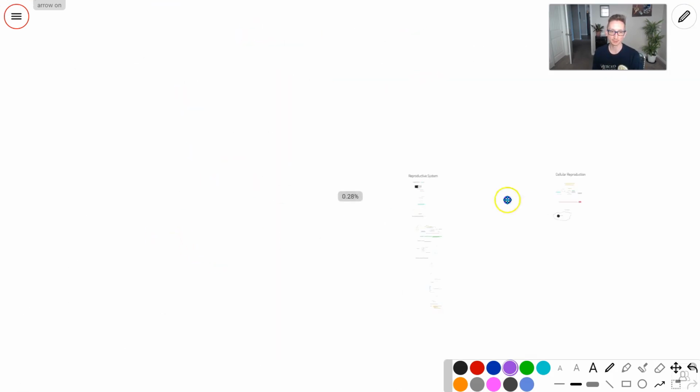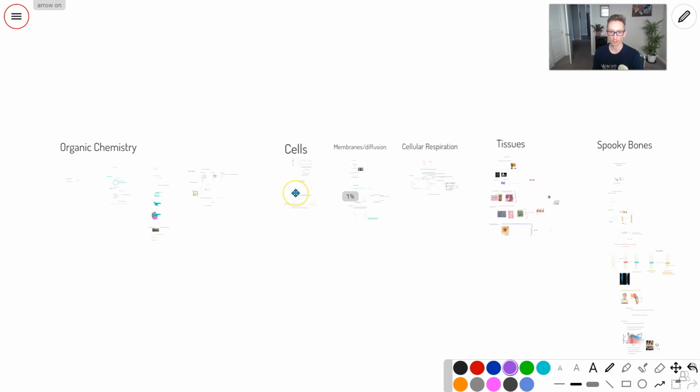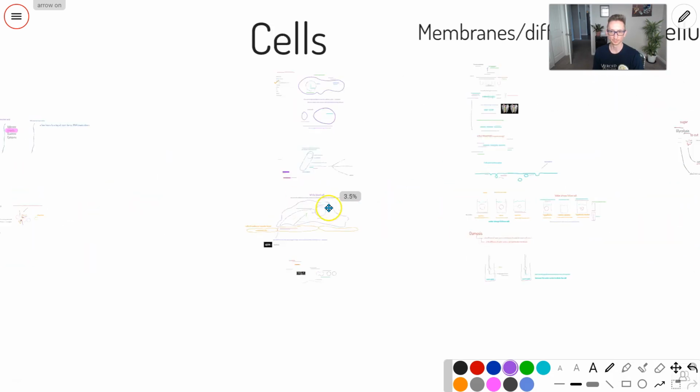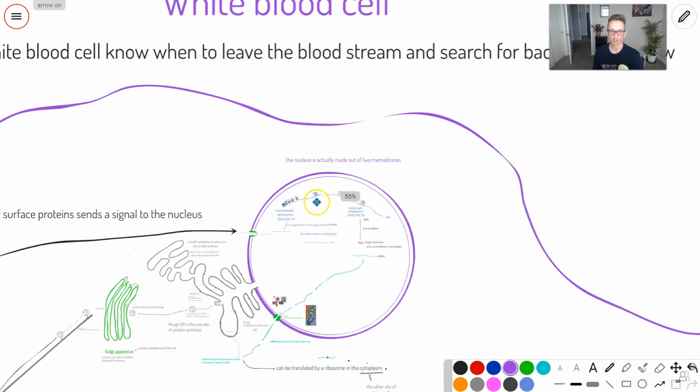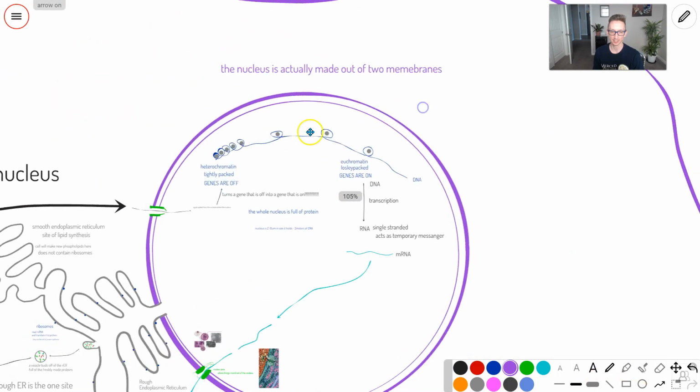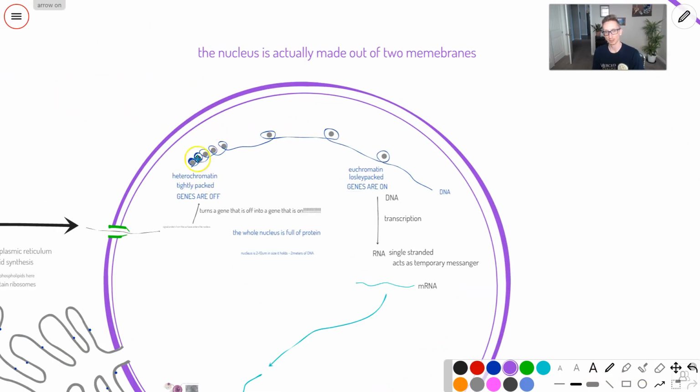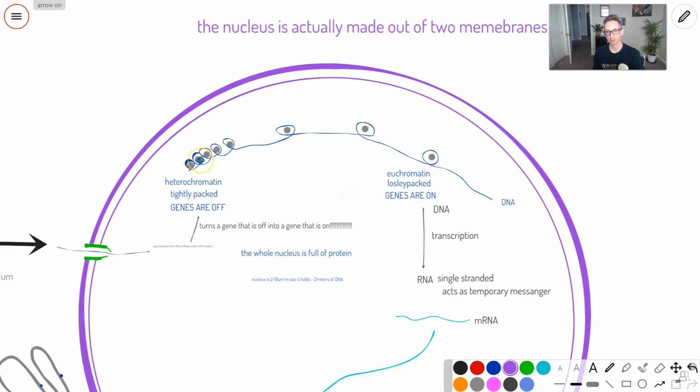And if we zoom way out and go way back over here, all this will start to make sense again. We had our DNA wrapped around this stuff. If it's tightly wrapped, the gene is off.